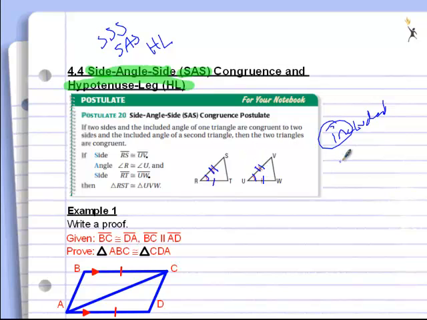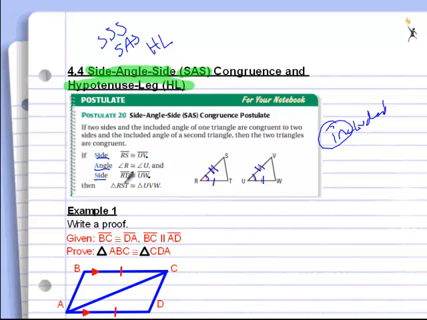Because we have two sides congruent, RT, oops, they've already written that down. Because we have side RS congruent with UV, that's the side, angle R congruent with angle U, the angle, and then the second side, RT being congruent with UW, we have side, angle, side congruency.